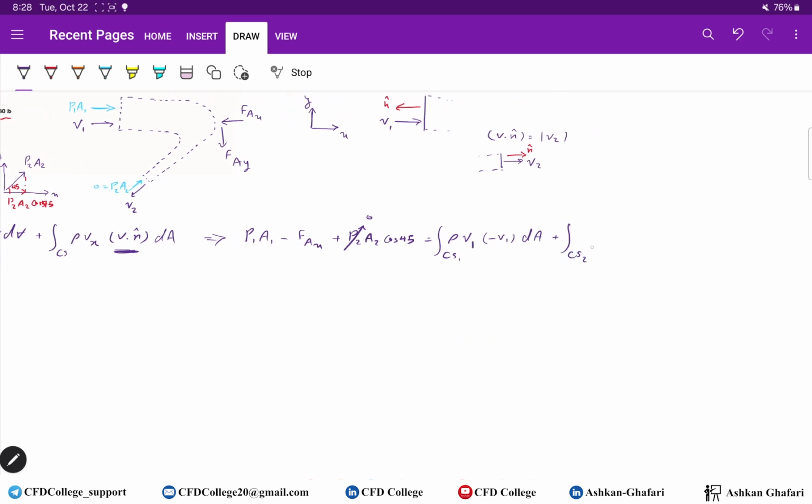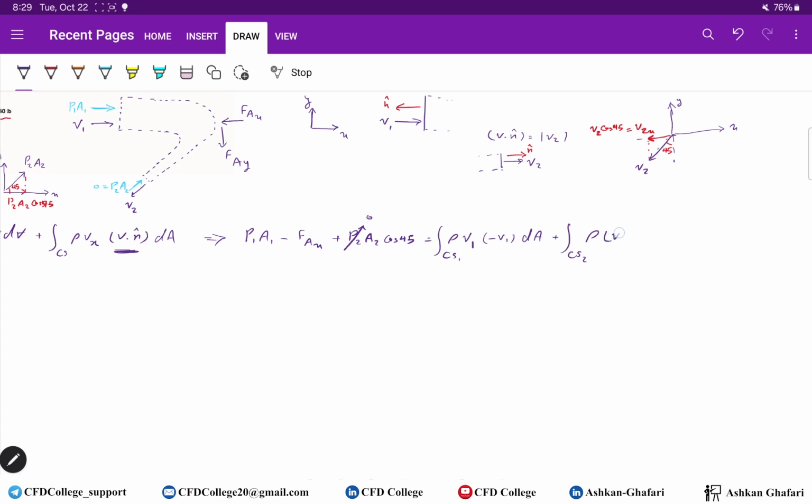At control surface 2, we have rho V2 in x direction. This is V2, and this is y, and this is x. So V2 in x direction, oh, it's 45, it's okay. This is V2x, which is equal to V2 cosine of 45 degrees.